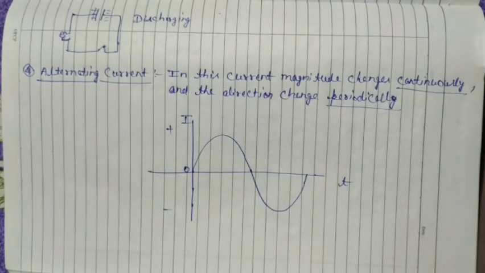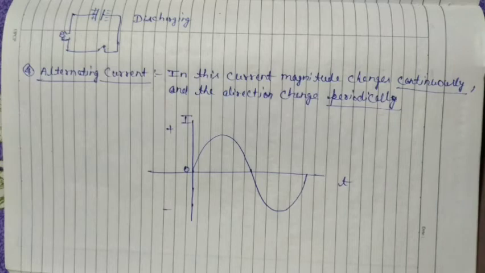In alternating current, what happens? Current increases and decreases. Magnitude is changing and direction is also changing. Such current is known as alternating current.